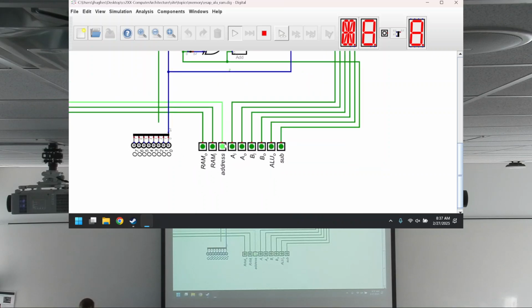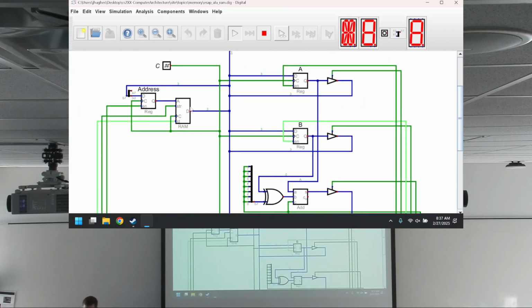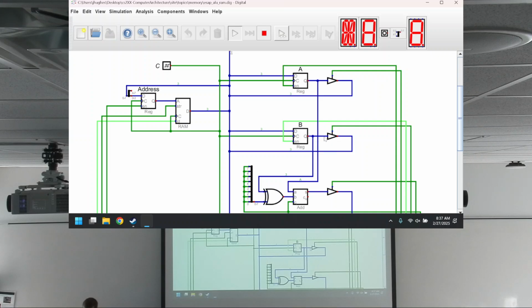All right. RAM out, B in, right? So now we want to take the value at address 0, which is what's in the address register. That's 3. We're outputting that. And then B has 0. We clock pulse. It should be 3 now, right?